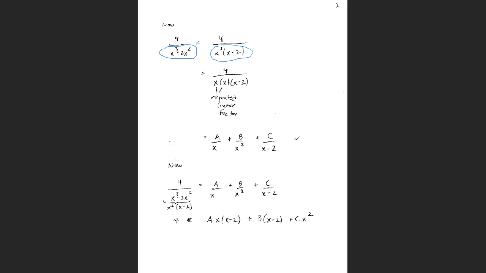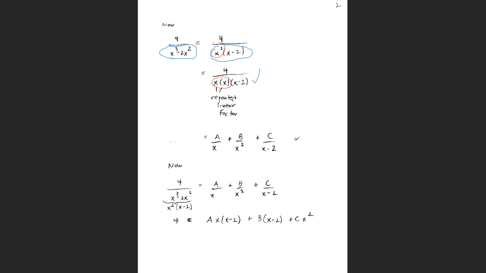But x squared can be written as x times x. So if we were to completely factor the denominator, we can write this x squared as x times x. So in this case, what you get is what's called a repeated linear factor.